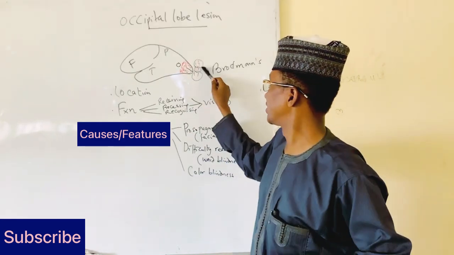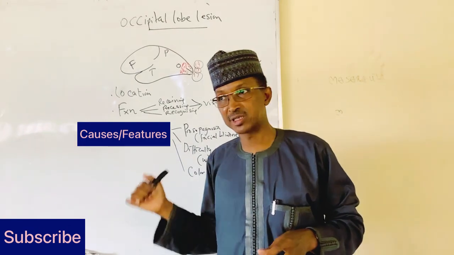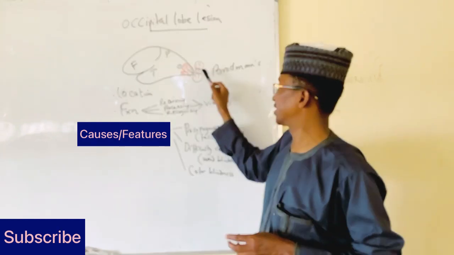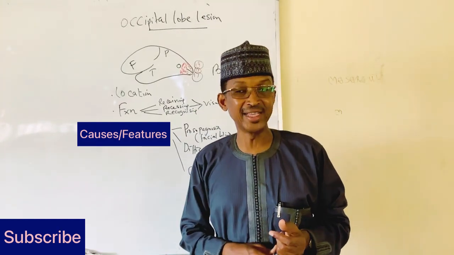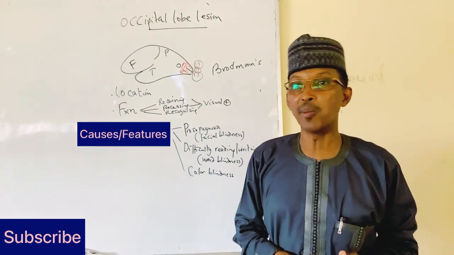Area 18 is going to process what is being received by area 17. And area 19 is going to analyze and recognize what you have received and processed.